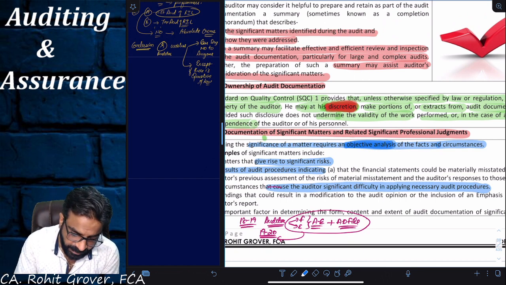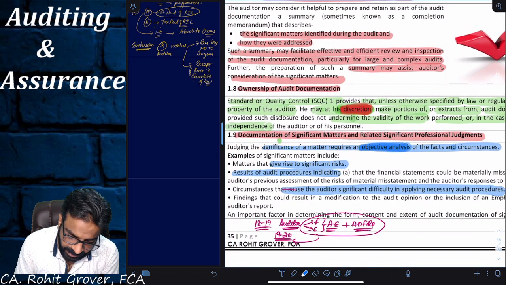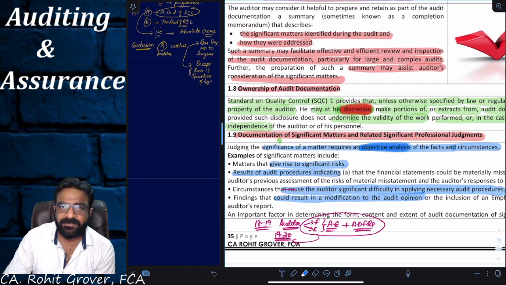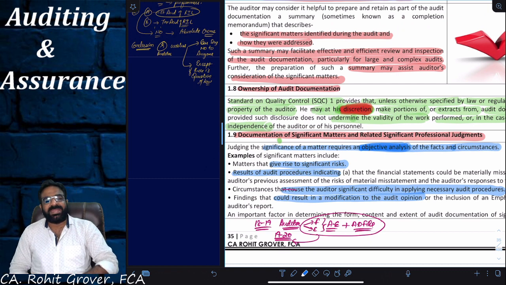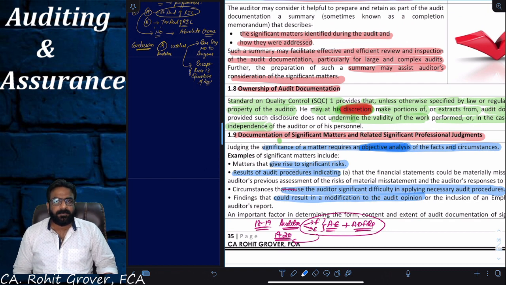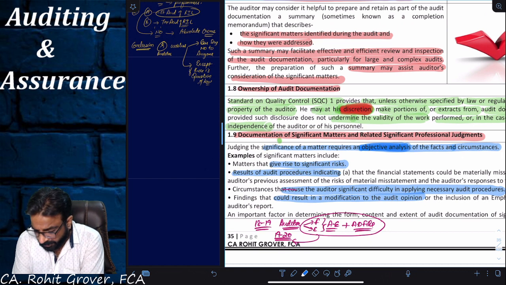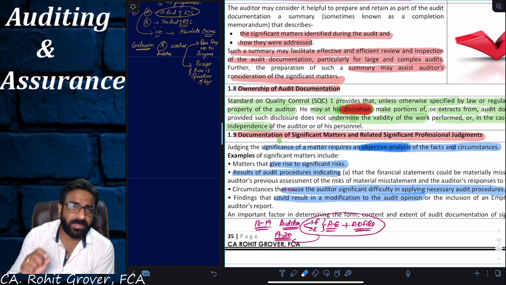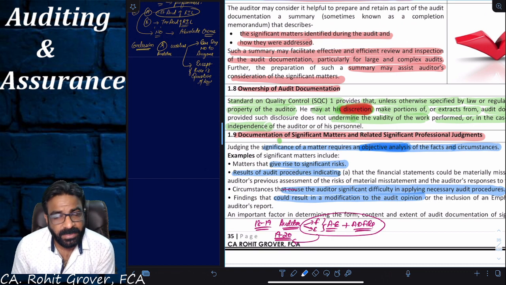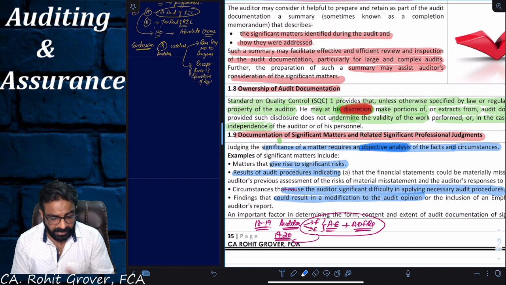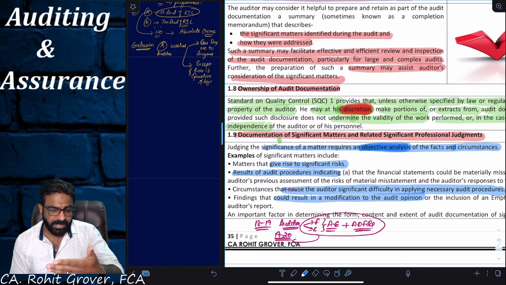Okay. Next one. Findings that could result in a modification to the audit opinion. Everyone, please tell me, what do you mean by modified opinion? Positive or negative opinion? Negative. Yeah, modified means negative. Would you like to record the reasons of your negative opinion or not? Yes. Now, next year, when you are verifying the last year audit report, it is written that the company's affairs are not true and fair.